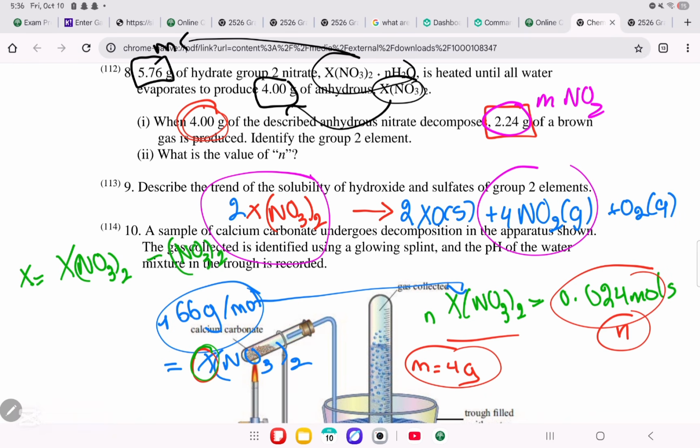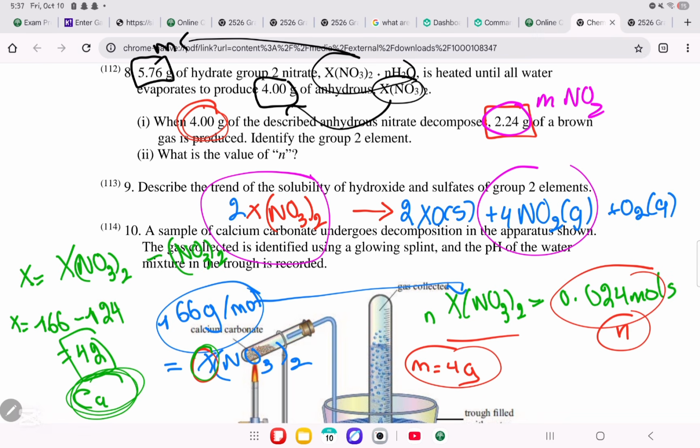So very simply, X is equal to 166 minus NO32, that's 14 plus 16 times 3, all of it times 2, that's 124. So 166 minus 124 will give us an answer of 42. So 42, or anything near 42, we will look to the periodic table to see the nearest possible answer. In our scenario, the nearest possible answer is calcium. So that means the metal is calcium.